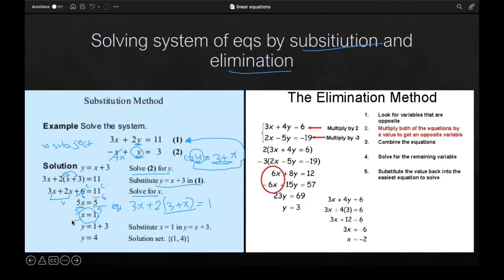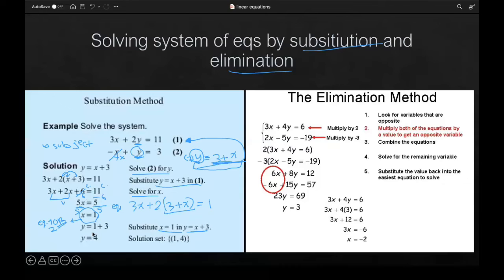Now that I've got x, I can substitute it into either equation 1 or 2, and you'll get the very same answer for y. So now I need to find y. I substitute x in the easier equation, the one that I changed the subject for, which is equation 2, and I can use this form too. So I can use both forms, and I'll get the same answer.